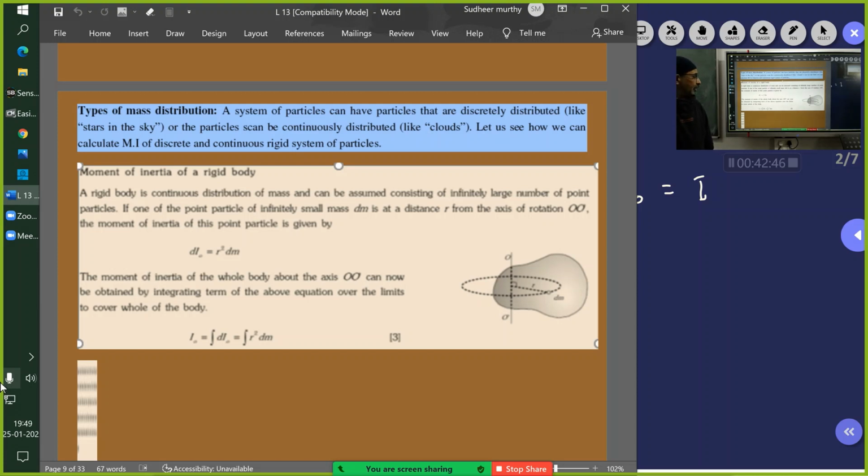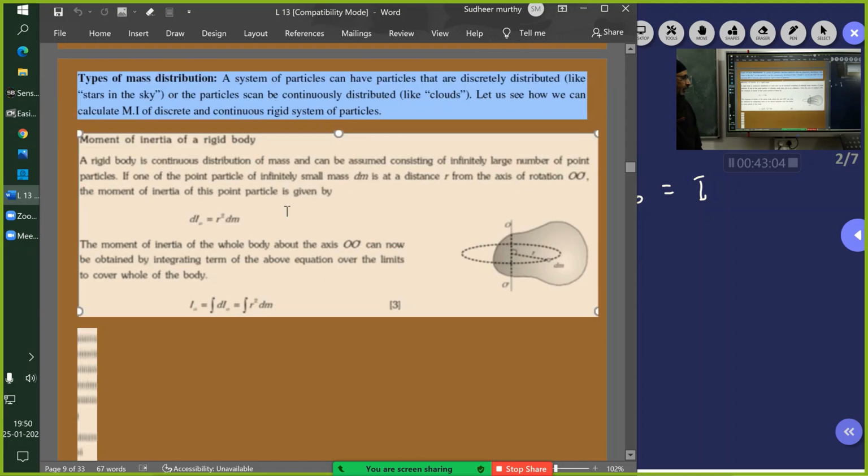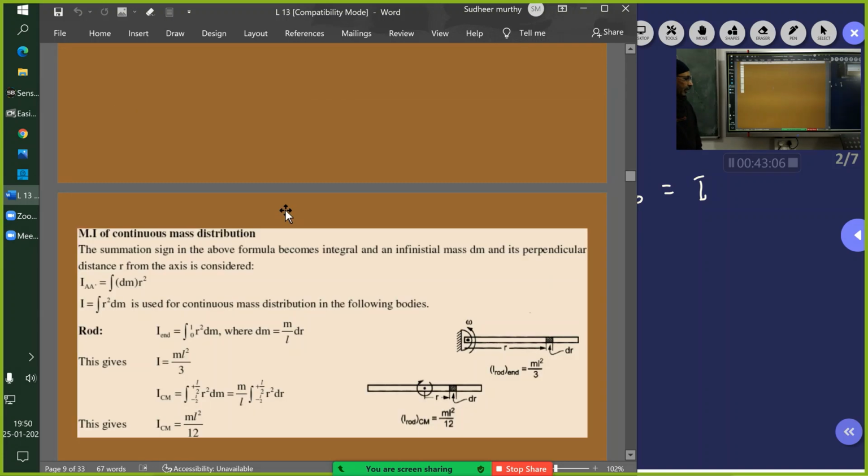Here, can you relate it to Newton's second law? We'll see how this is related to Newton's second law.